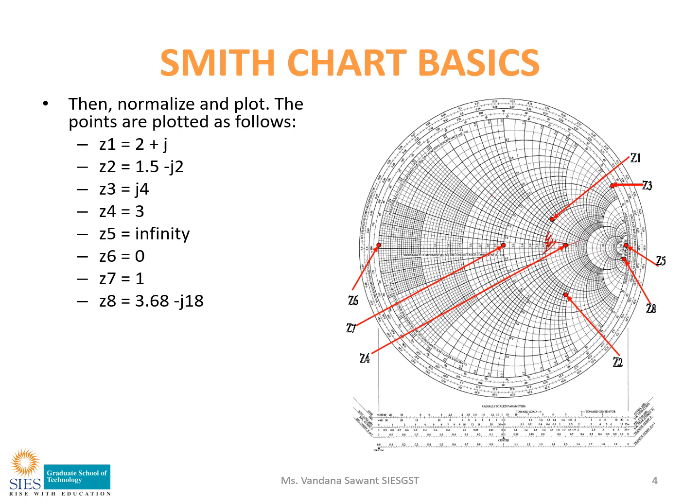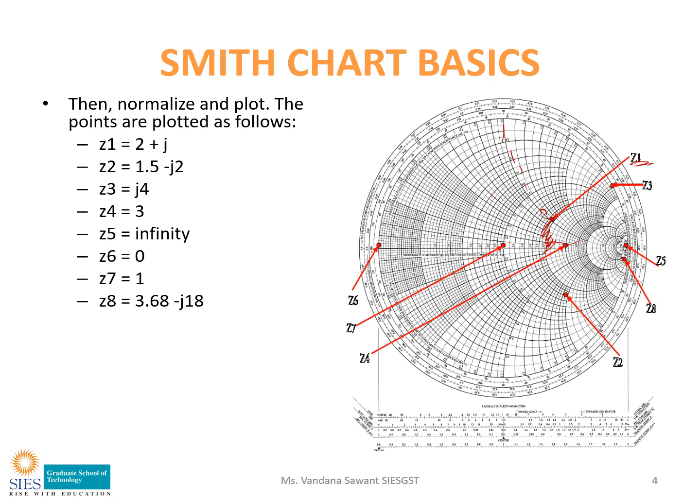Here it is 2. So we move along the 2 circle, and then the Jx1 circle is here. We have to move on this circle and find the intersection point of both circles. This is your intersection point, this is Z1. In this way you have to plot each and every point.